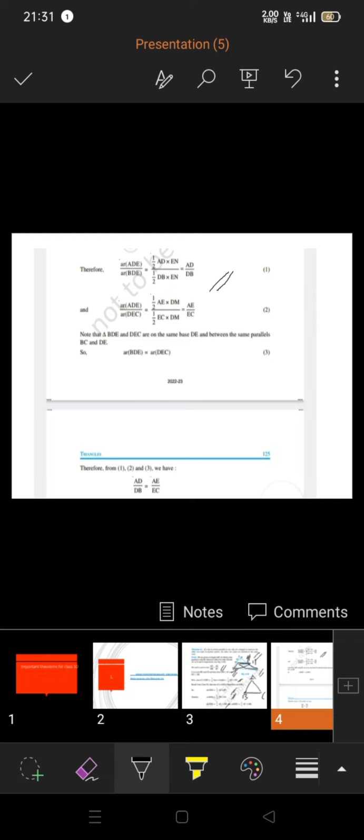Similarly, area of triangle ADE divided by area of triangle DEC gives half times AE into DM divided by half times EC into DM, where DM and DM cancel, half and half cancel, and we get AE by EC. We shall call these two ratios 1 and 2.